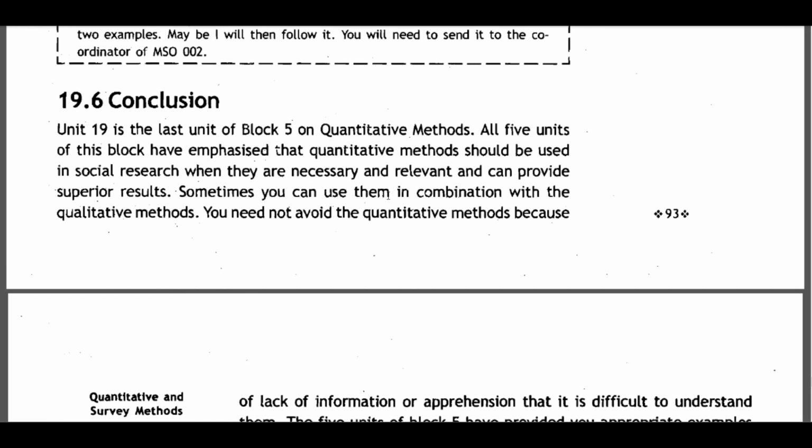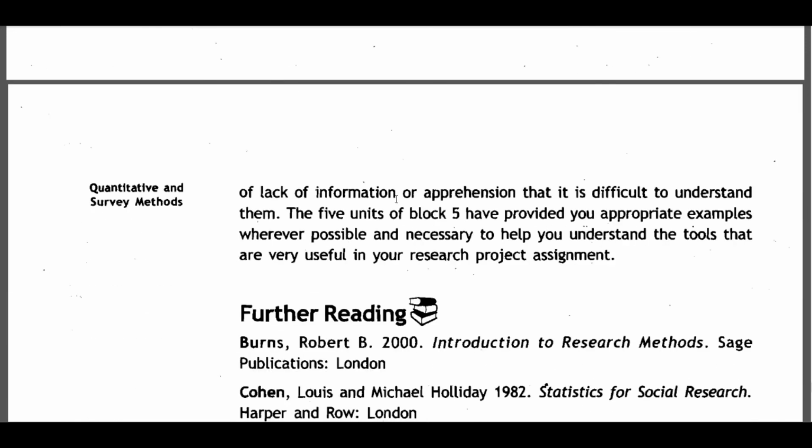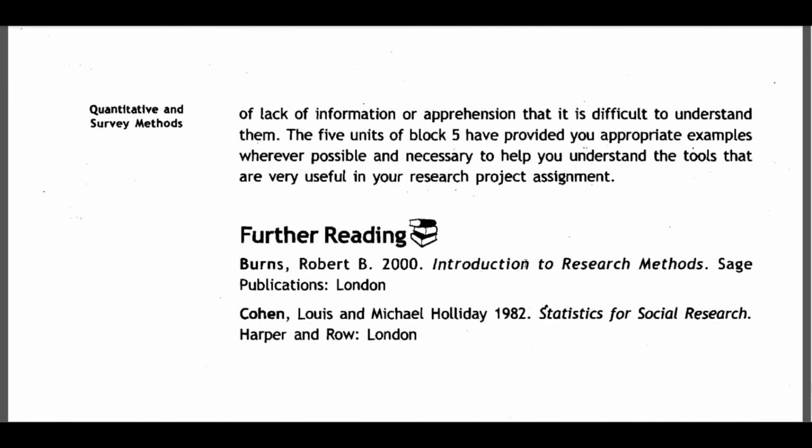Sometimes you can use them in combination with qualitative methods. You need not avoid quantitative methods because of lack of information or apprehension that they are difficult to understand. The five units of Block 5 have provided appropriate examples wherever possible and necessary to help you understand the tools that are very useful in your research project assignment.